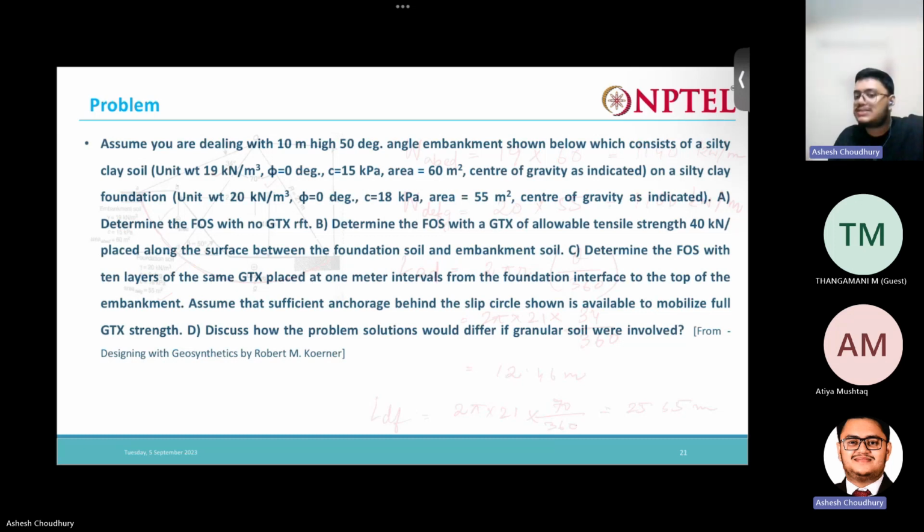Then we take a different slip circle. Generally, we make use of a computer program, a search algorithm, which can determine the slip circle for us and do the solution, because manually it is lengthy and practically not possible. We need to take help of computer programs.